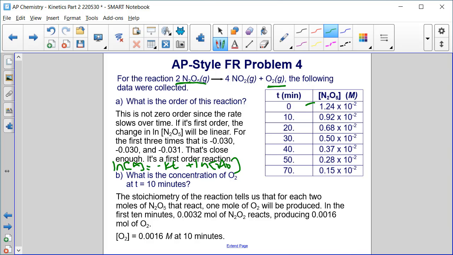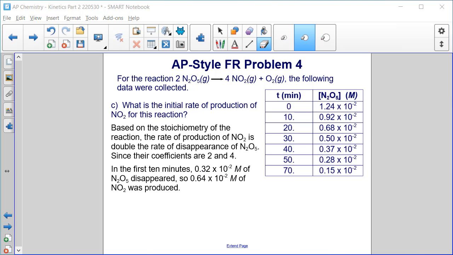The change from here to here is a decrease of 0.0032 moles for every liter of N2O5 reacting, which means half as much O2, 0.0016, will be produced. So at 10 minutes, the concentration of O2 is 0.0016 moles per liter.